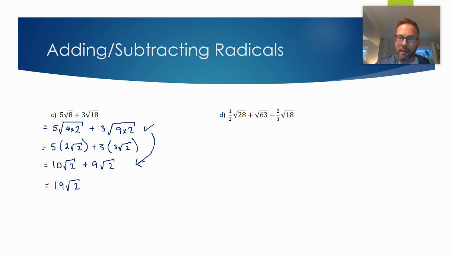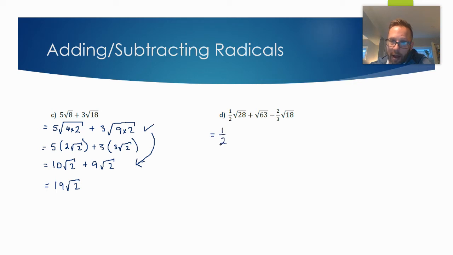All right, let's look at D. So D looks quite intimidating, but if we simplify each one of these, are there some like radicals that we can combine together? So I maybe would encourage you, maybe you want to pause the video and try D on your own. Try simplifying first, maybe unpause when you're ready to check something. But let's go for it, guys.